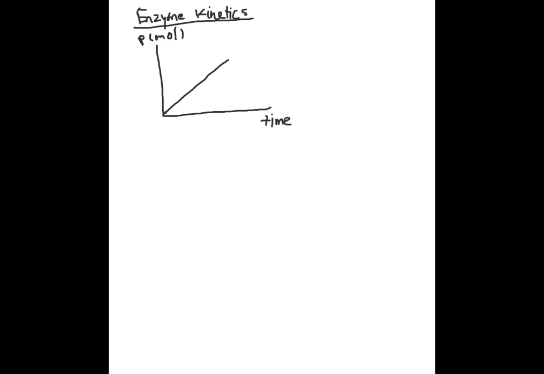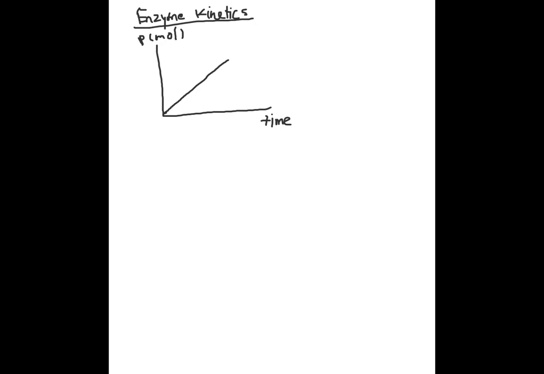So the first graph that we use to study enzyme kinetics is the graph of the amount of product over time. The amount of product can be in the unit of mole, nanomole, micromole. It doesn't matter, as long as it's the amount of product over time. Time can be seconds, minutes, or whatever.